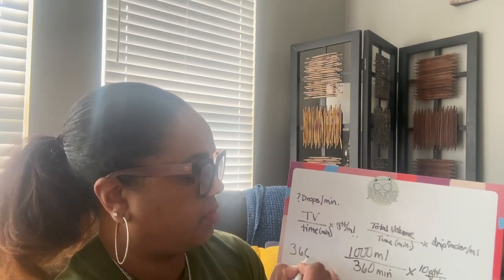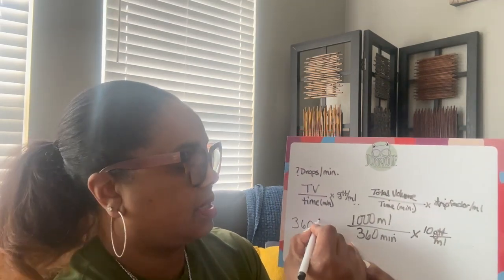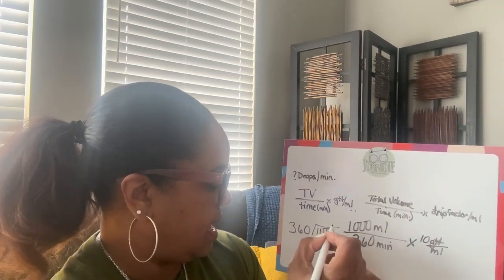So we're going to do 360, just making sure you can see me, into 1,000. And 360 goes into 1,000 2 times. And 2 times 360 is 720. So we're going to minus this right here, and we're going to end up with 280. And at this point, we have to do our decimal point because we have now exhausted. We always have to keep our columns true. So how many times does 360 go into?